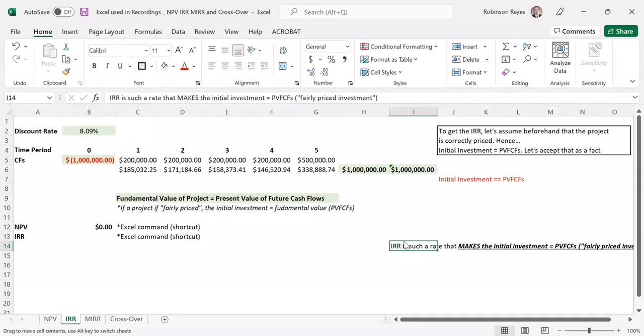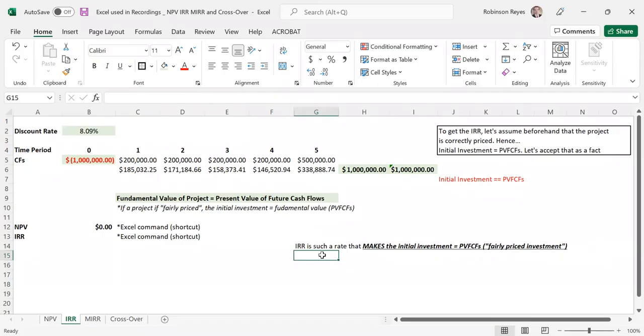It makes that story hold. If that story is holding and initial investment is the same as present value of future cash flows, then NPV is zero, right?